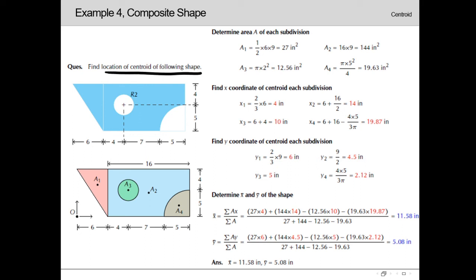According to our procedure that we had mentioned earlier, the first step is we need to divide the entire section into simpler segments. We want to consider this triangle as our first segment, and the second segment we want to consider is this entire rectangle.